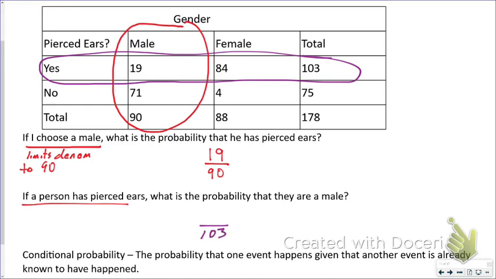Probability that they are male, there are 19 of them. So one more time, the if limits your denominator, to 103 in this case.